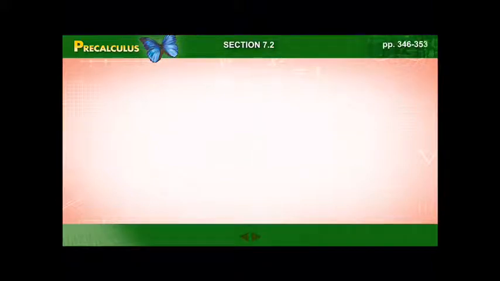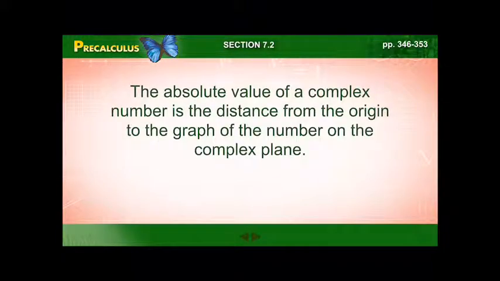Now the textbook leaves out a couple of very important components to this, so I'm going to fill in some pieces as we go. But the first term it talks about: the absolute value of a complex number is the distance from the origin of the graph to the complex number. On the previous slide, if you put a dot on the origin and connected it to the dot, which was 4 plus 6i, that gives you the absolute value, the distance I should say, between the two.